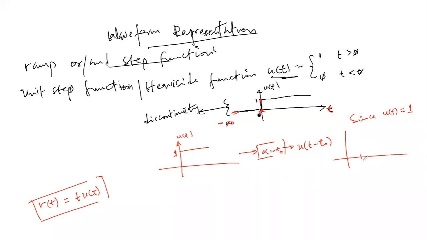Here, this is t naught, for instance, and this is u of t, and this is 0.